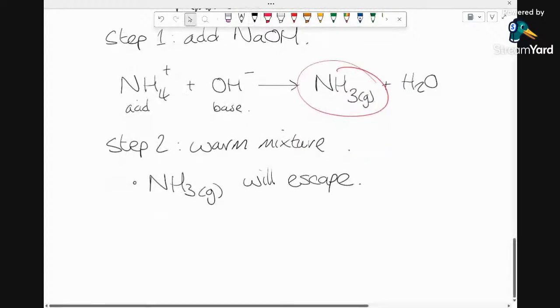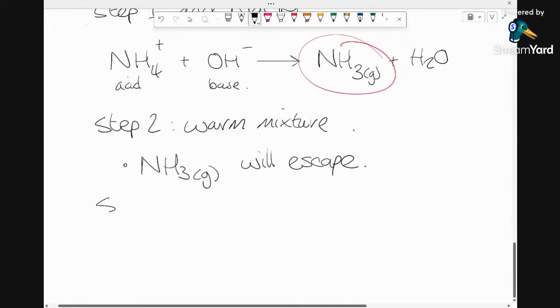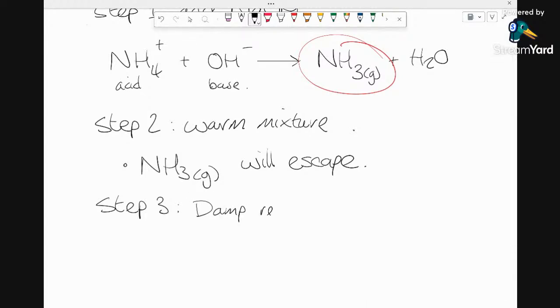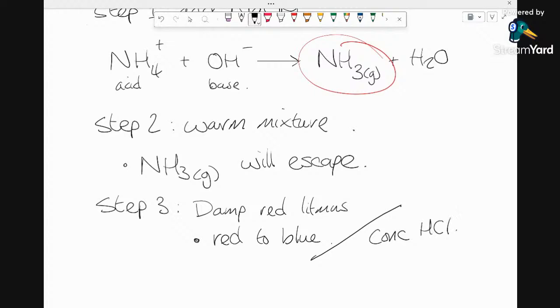Now we can test for that gas. Step number 3 is we are going to test this, which we did in our previous video on gases, with damp red litmus paper, and it will turn blue, red to blue. Or we could test this with concentrated HCl, and I would get white smoke of ammonium chloride.